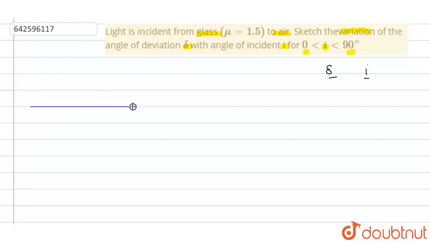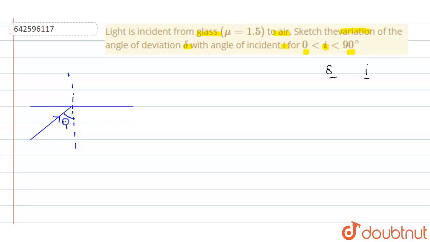Let this be the interface and the light is passing from denser to rarer medium.